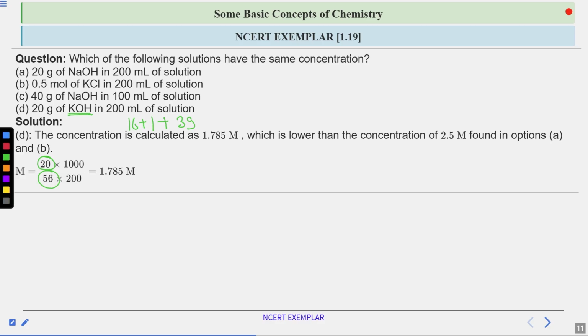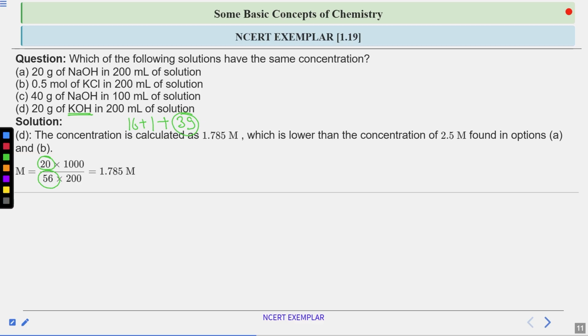So it is 39 for potassium. If you add this all, you will get 56. 20 by 56 divided by the volume, 200 by 1000, that will give you 1.785.